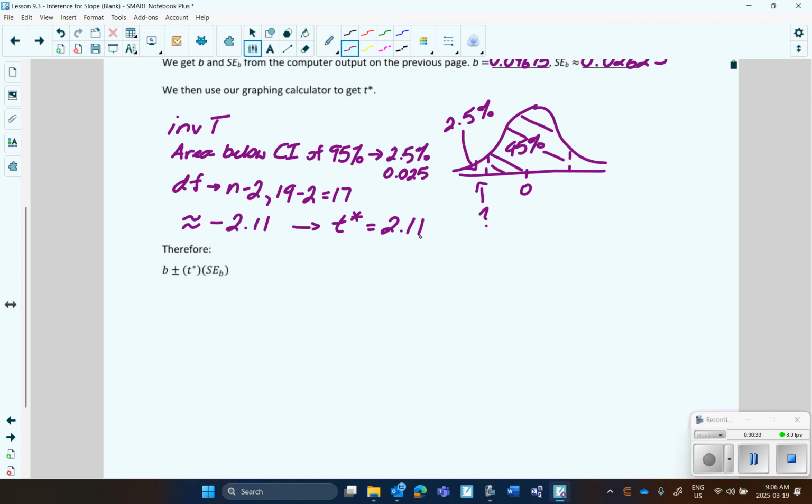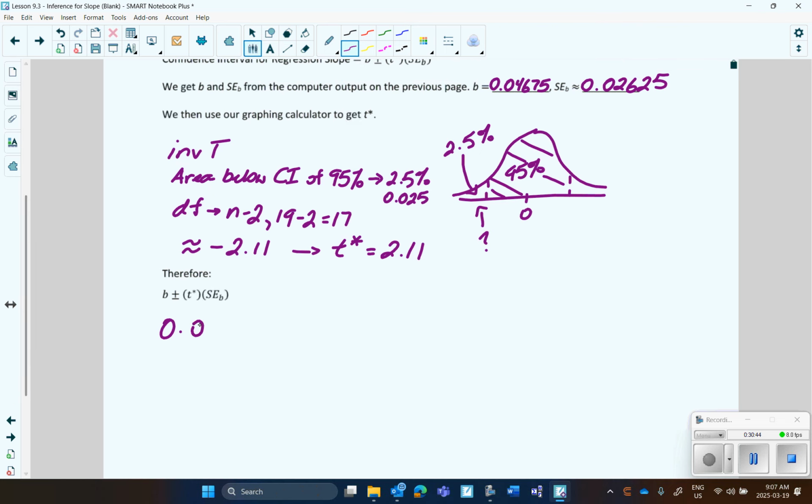And now we're ready to do our confidence interval. So it's going to be 0.04675 plus or minus T star, which we've calculated to be 2.11, times the standard error of little b, which is 0.02625.